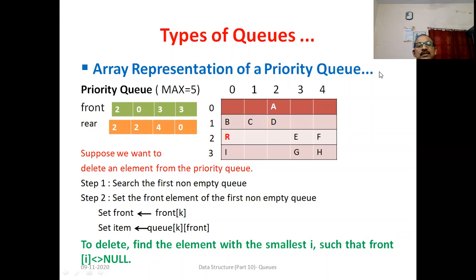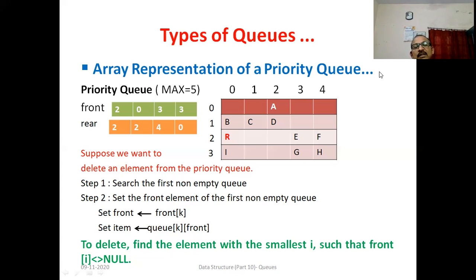How will we get the front element? We set front equal to front K. What is K? Here K is 0, since the first non-empty queue is 0. We find the value of front by putting front 0, and front 0 is 2. So we get the value front equal to 2.